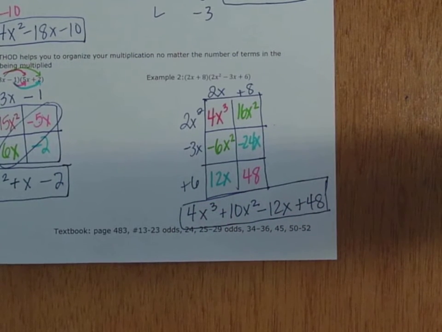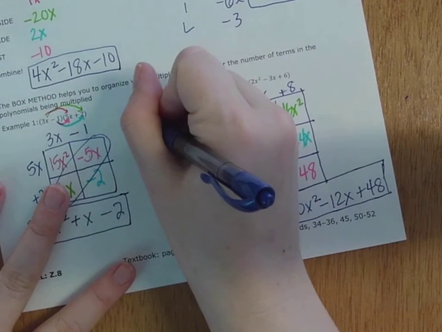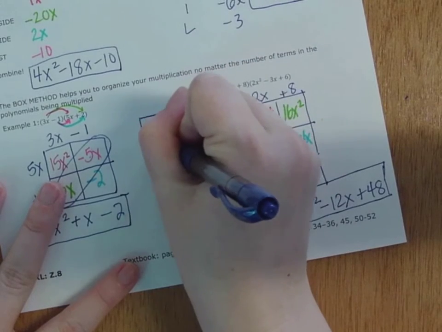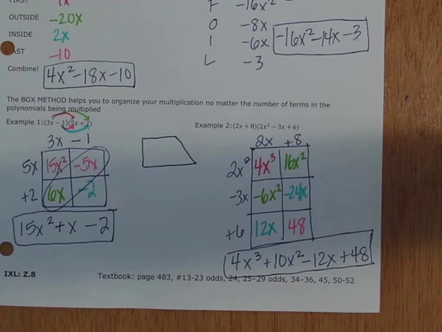Okay, you don't need your Chromebook just yet. I'm going to show you an example with a geometric figure. So right here, just draw yourself a trapezoid. Now, does anyone know how to find the area of a trapezoid?